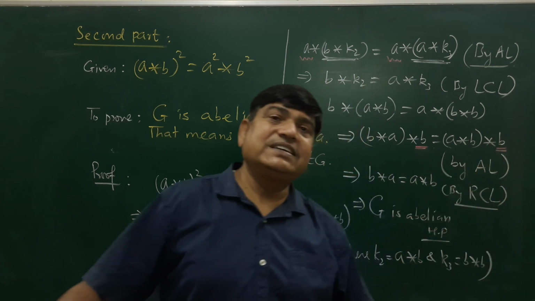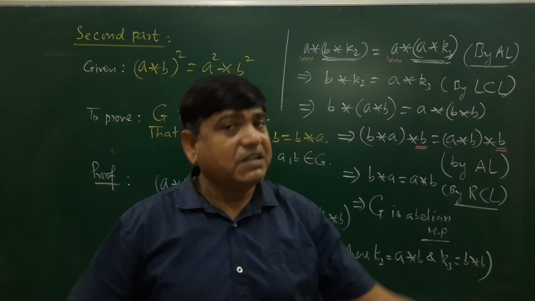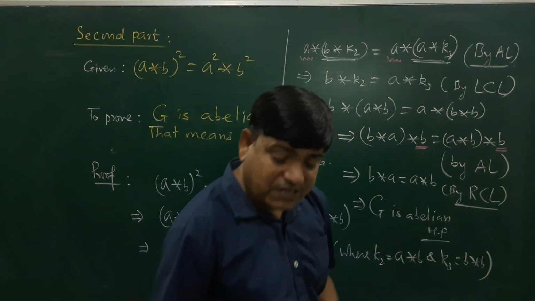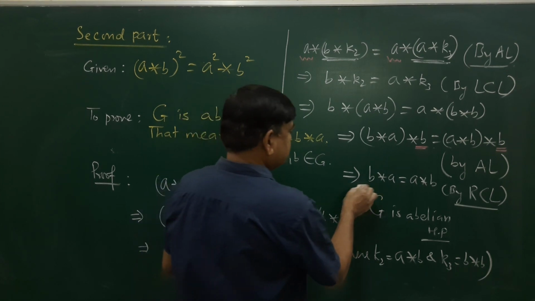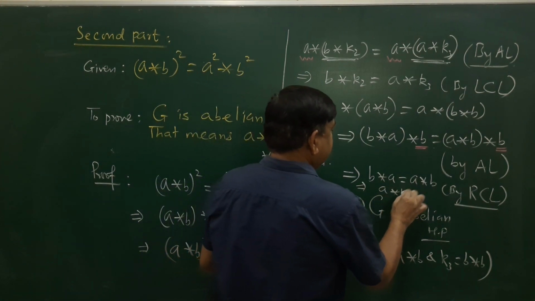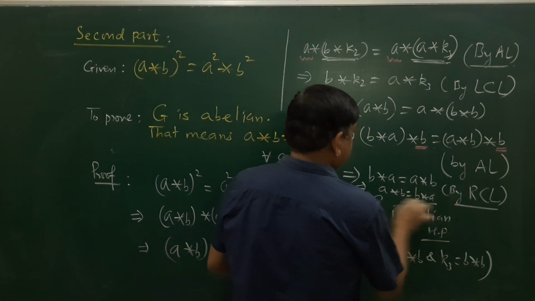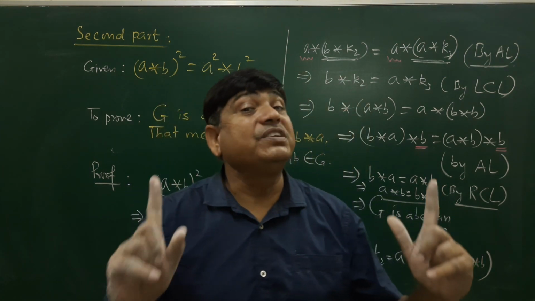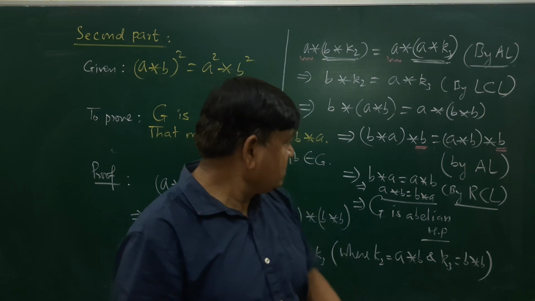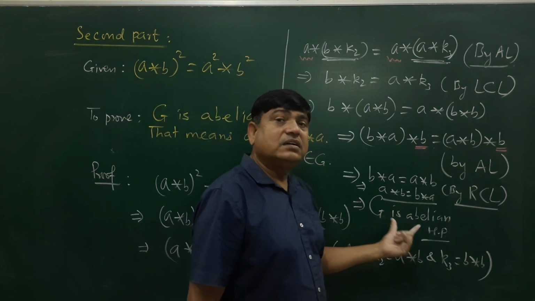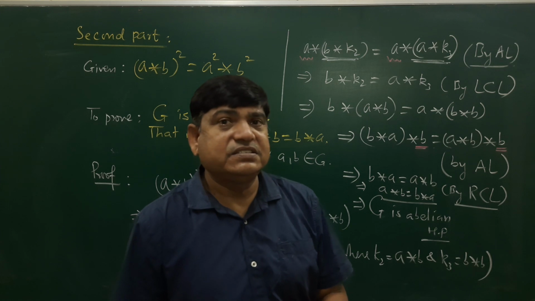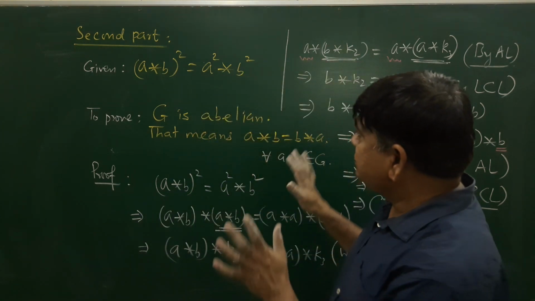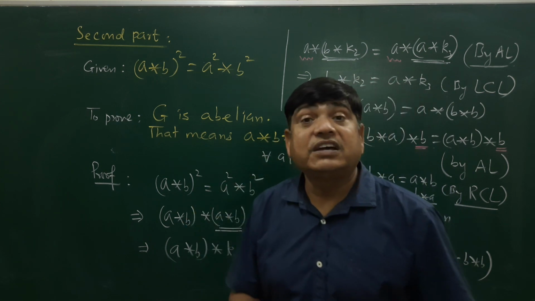So using cancellation law, काटने का नियम, we have proved B star A equals to A star B, or you can write A star B equals to B star A. We can interchange the sides of the equation, fundamental law of equation. So G is abelian. This is a very, very important theorem, and you just look at this and try to prove this particular one.